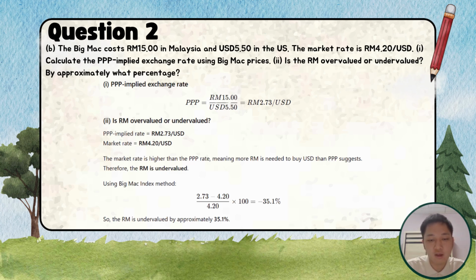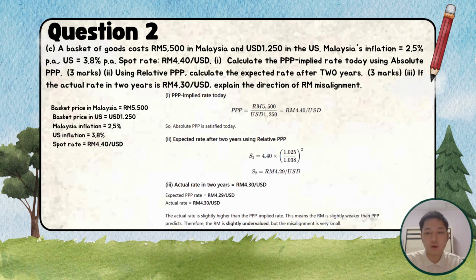The result is negative 35.1%. Therefore, the ringgit is undervalued by 35.1%.